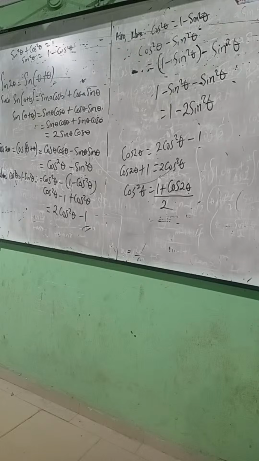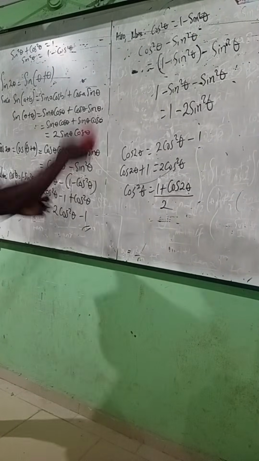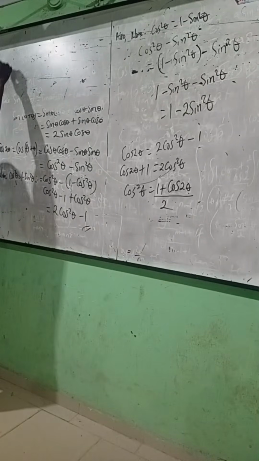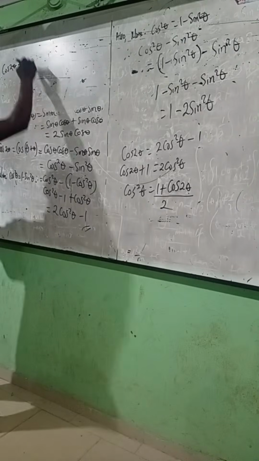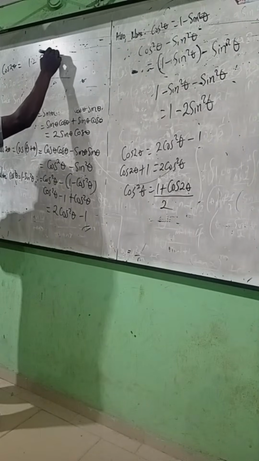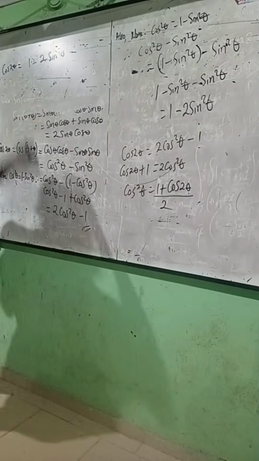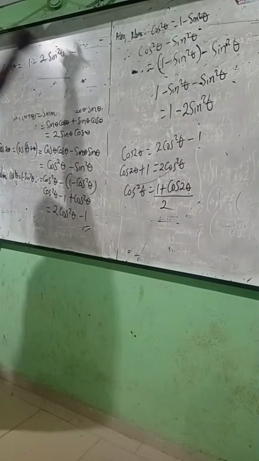Are we done? Now let's see this guy too. I think we've derived about 5 or 6 now. Let's derive another one from this. Now don't forget that same cos 2 theta equals 1 minus 2 sin square theta. No, initially we equate it to 2 cos square theta minus 1. Now take this guy to the other side.